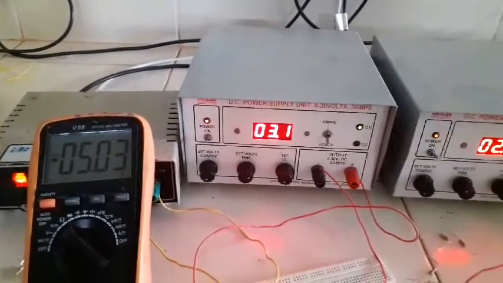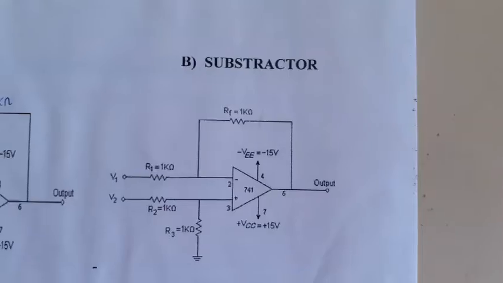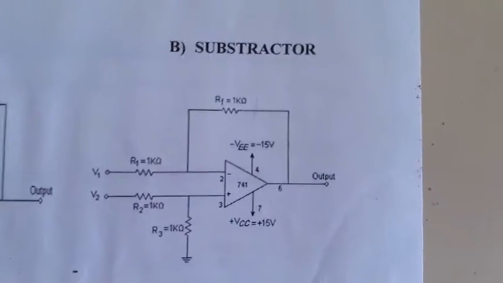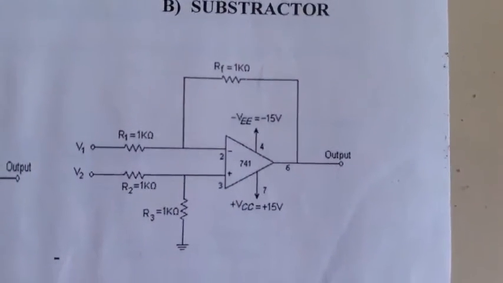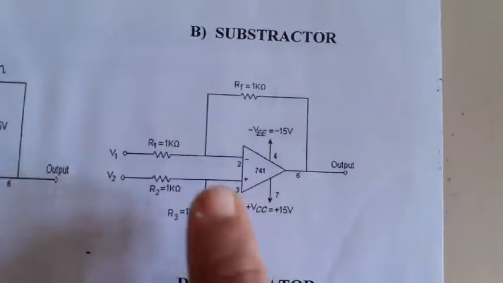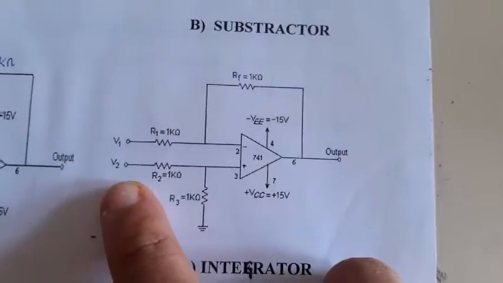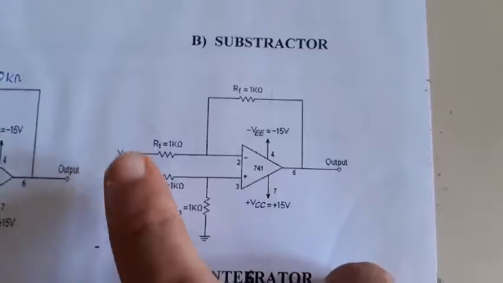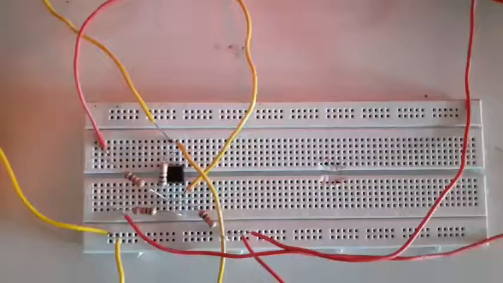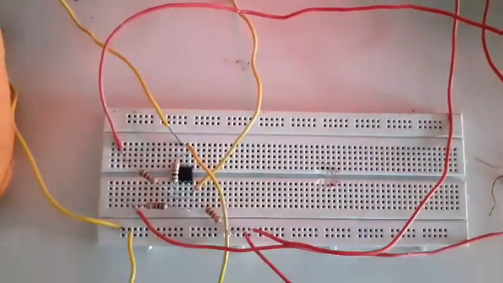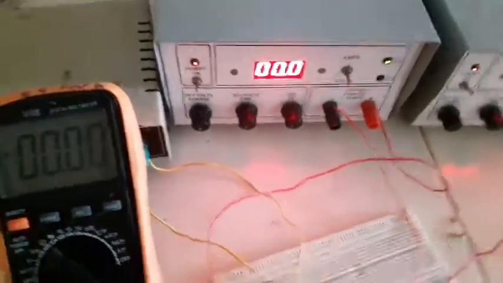Similarly, we'll see for subtractor. Yes, this is your subtractor circuit. For the same circuit, let us implement here. These are the two inputs, V1 and V2. So the difference of these two inputs will be our output. Okay, we'll see how it looks. Okay, so I have set all the screens.